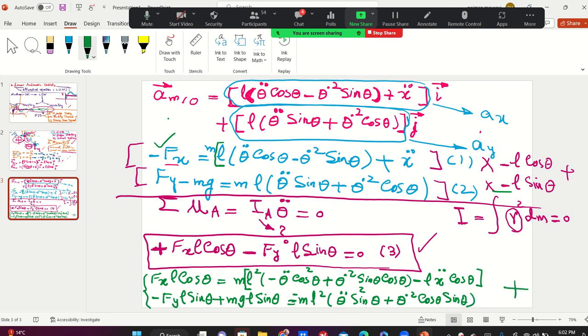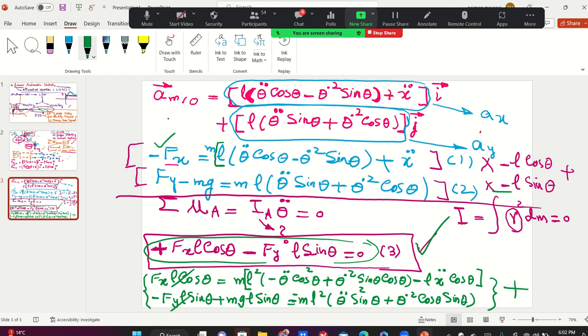And now I'm adding these two equations together. Guys, all of you look here, don't write. You have time to write. If I add these two equations, it's going to be Fx L cosine theta minus Fy L sine theta. How much is that? If I add these two, how much is that? 0.